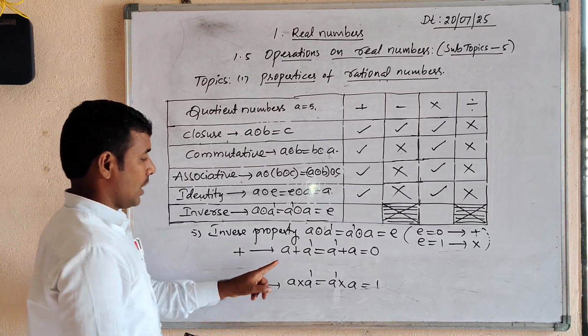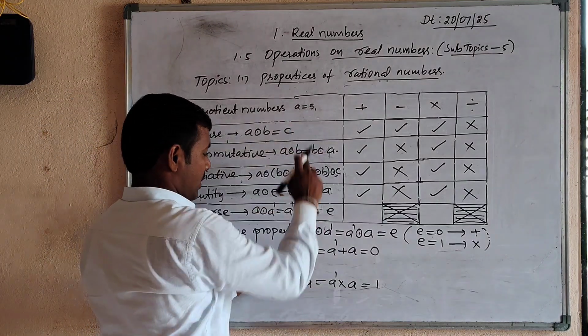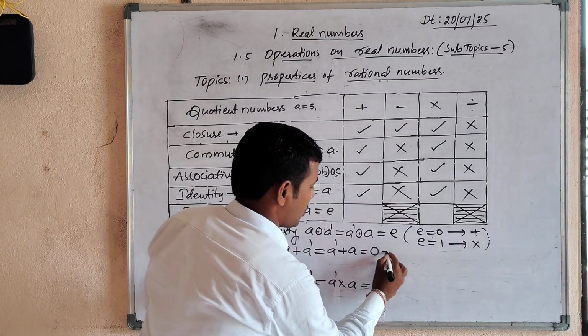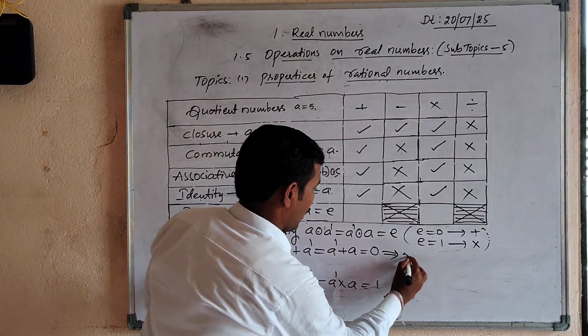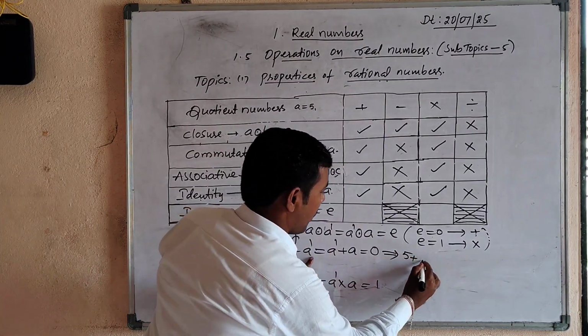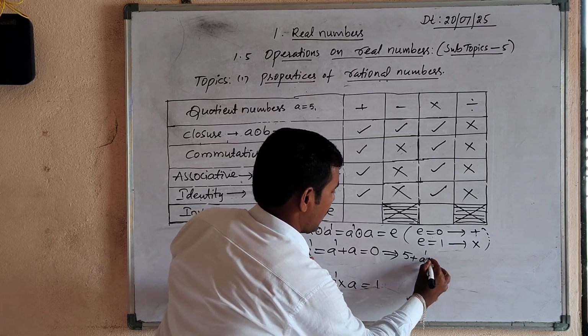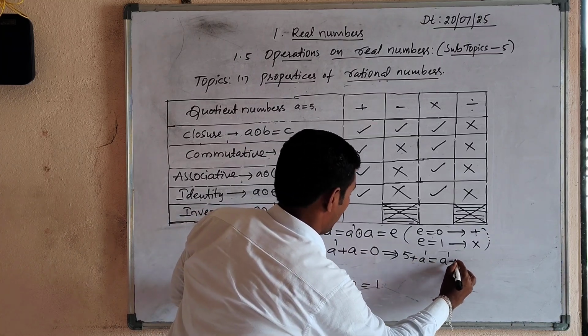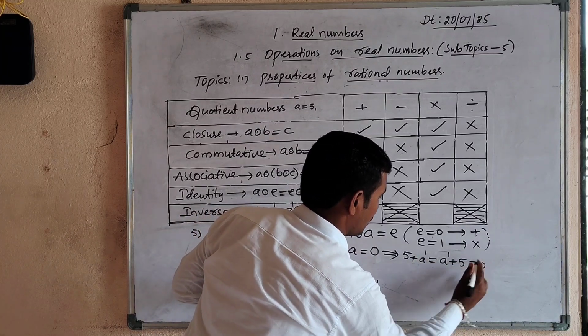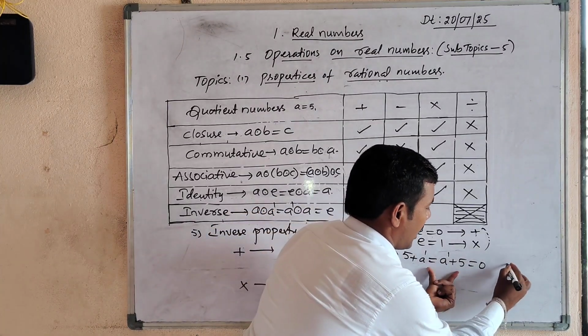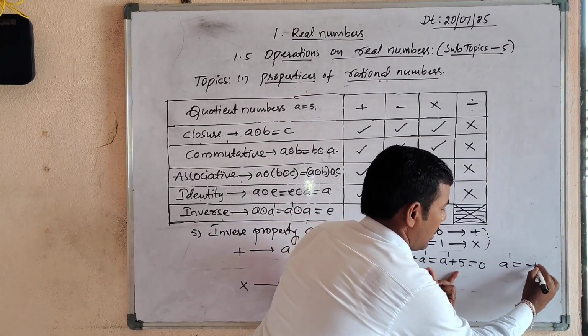Carefully. Now the A value is 5. Substitute in that. A complement we have to list out. Then A complement plus 5 is equal to 0. To satisfy this, what is A complement? Definitely minus 5.